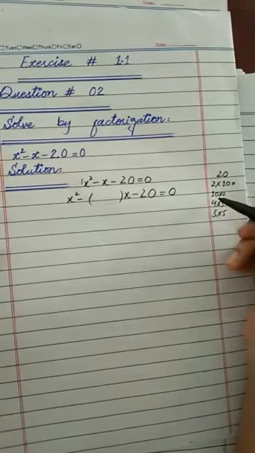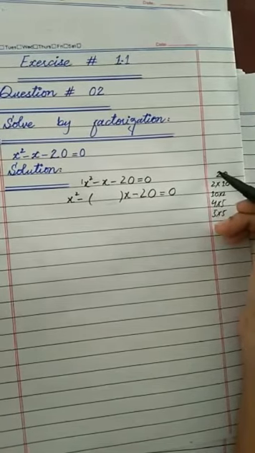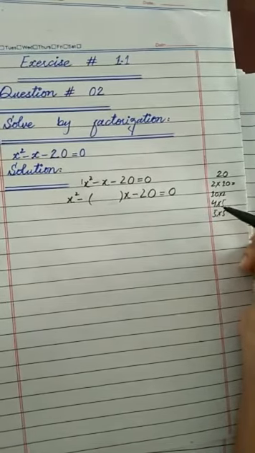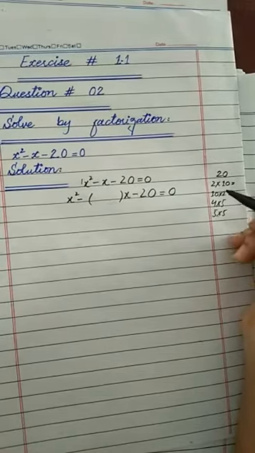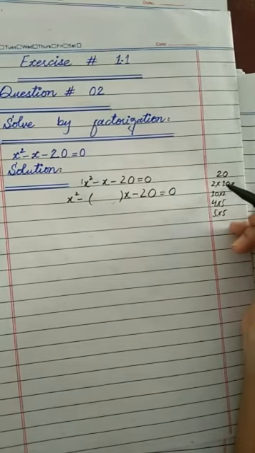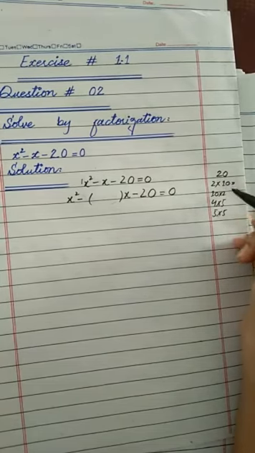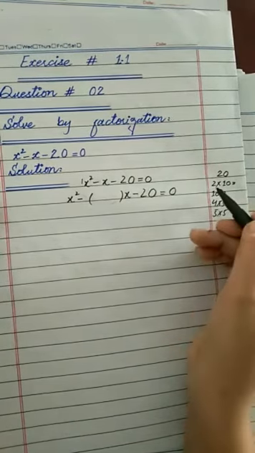Now in the table of 3 there is no 20, and in the tables of 6, 7, 8 there is no 20. These pairs are repeated, so we can get our answer from any one of them.